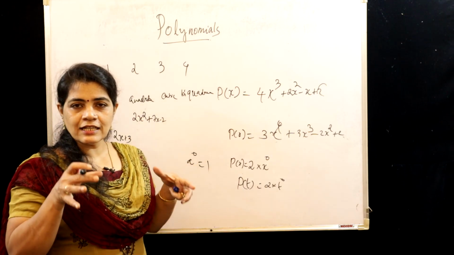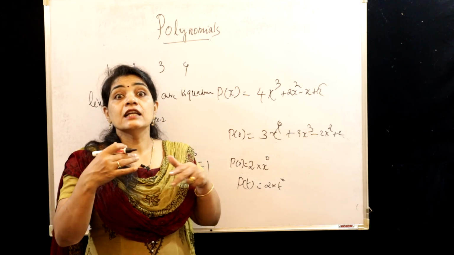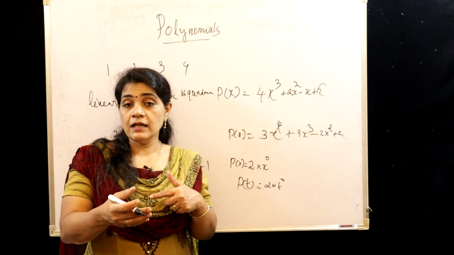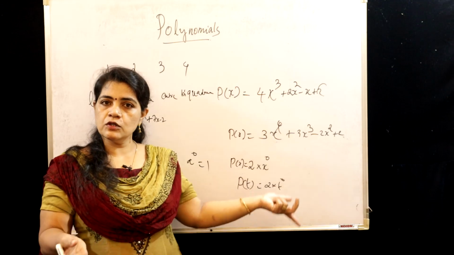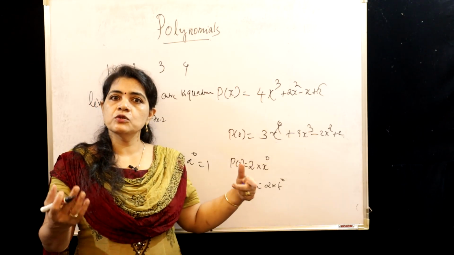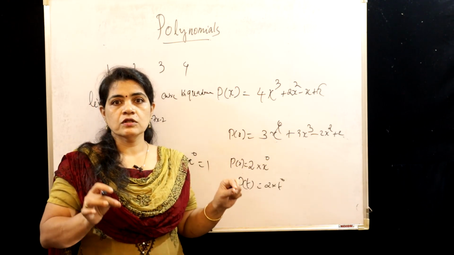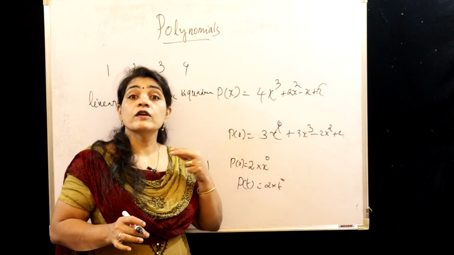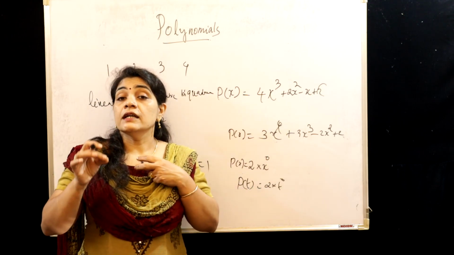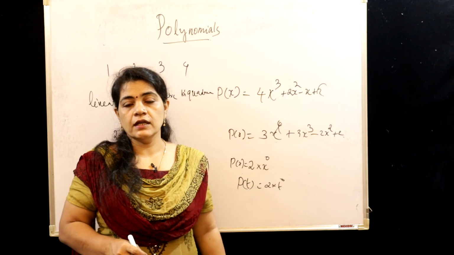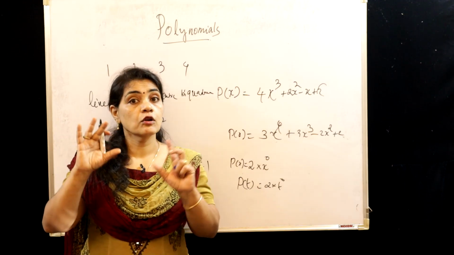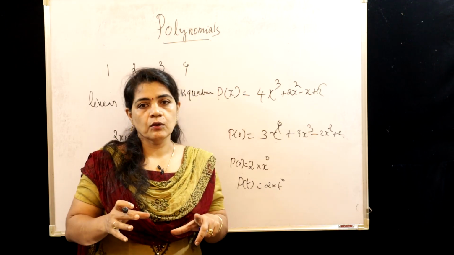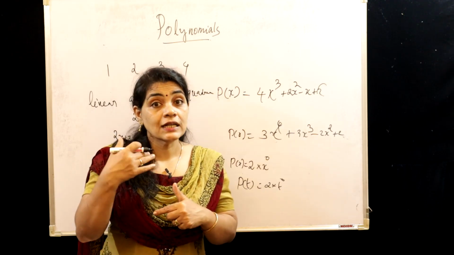That means you can express even a constant in terms of its variable by making its power 0, because x raised to 0 is also 1. So 2 into 1 is 2 itself. So the degree of a constant polynomial is always 0. But for the zero polynomial, the number 0, its degree is not defined.